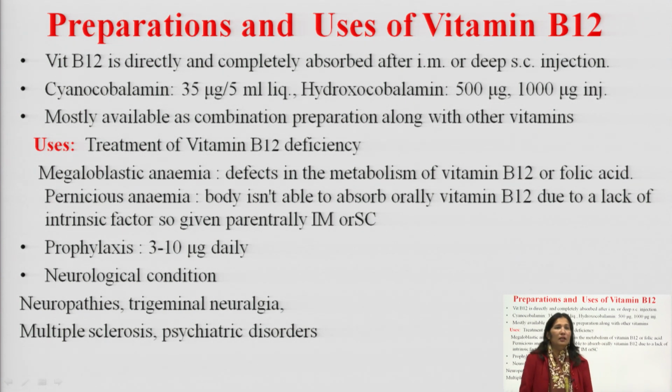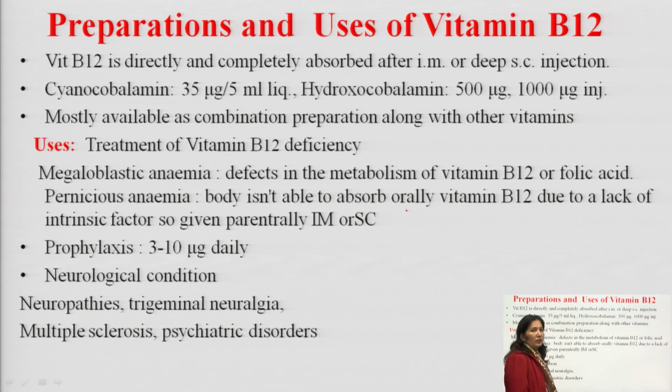Pernicious anemia occurs when the body is not able to absorb oral vitamin B12 due to the lack of intrinsic factor. So, in pernicious anemia we cannot give it orally. It is given parenterally, either intramuscularly or subcutaneously, because in pernicious anemia intrinsic factor is not present.